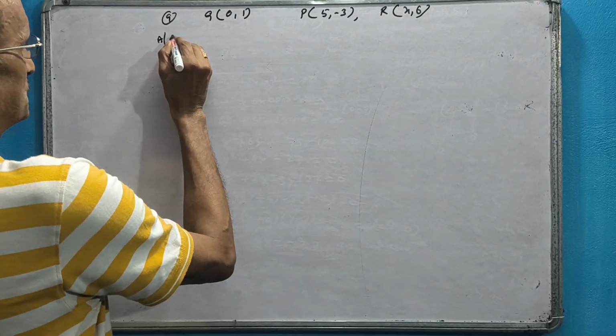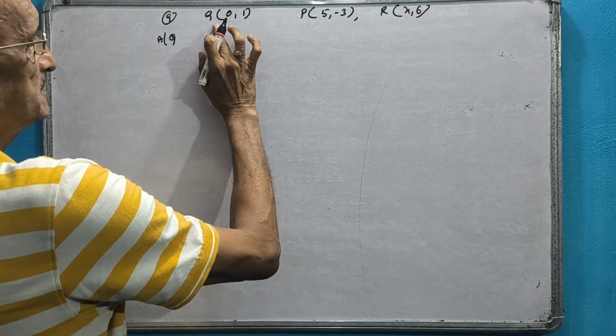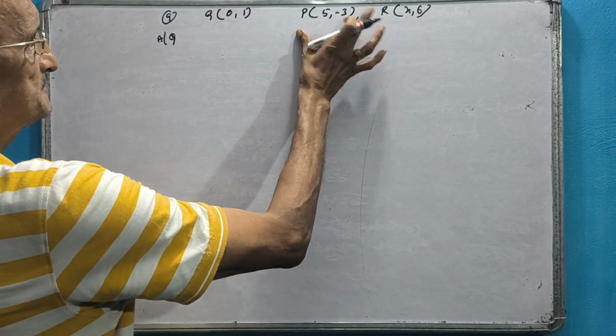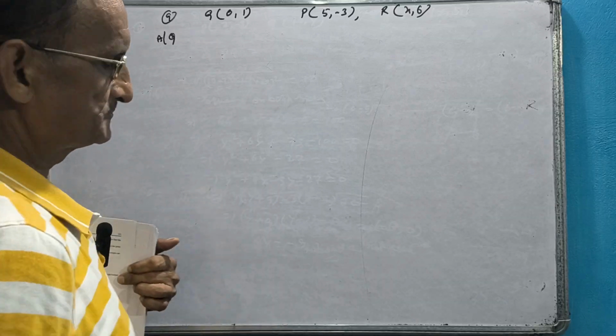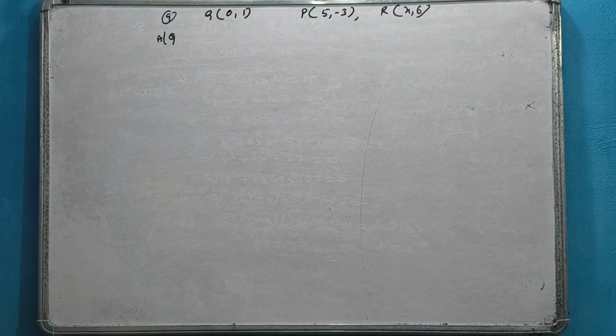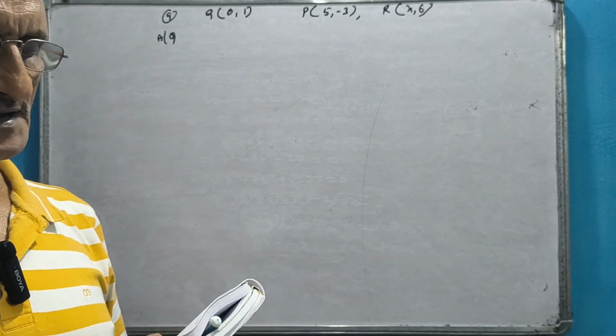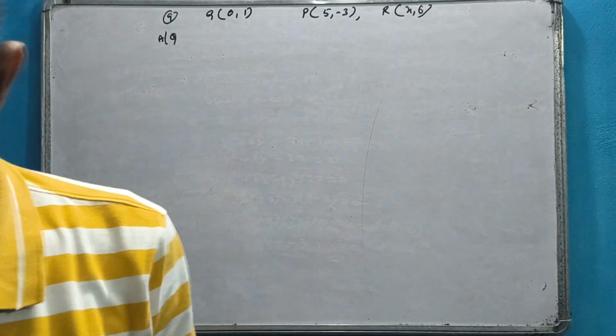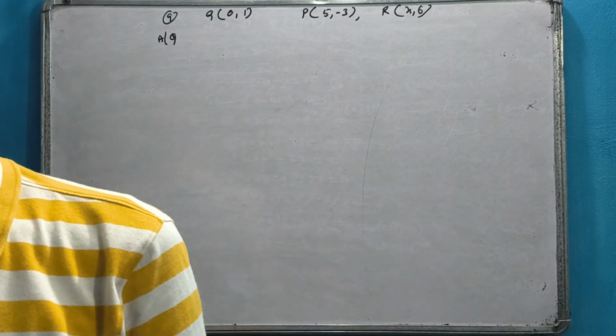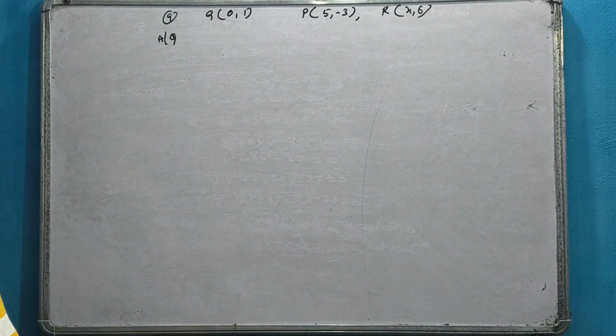According to the question, point Q is equidistant from P and R, which means PQ equals RQ. What does it mean? PQ equals RQ. So we need to find the value of x.